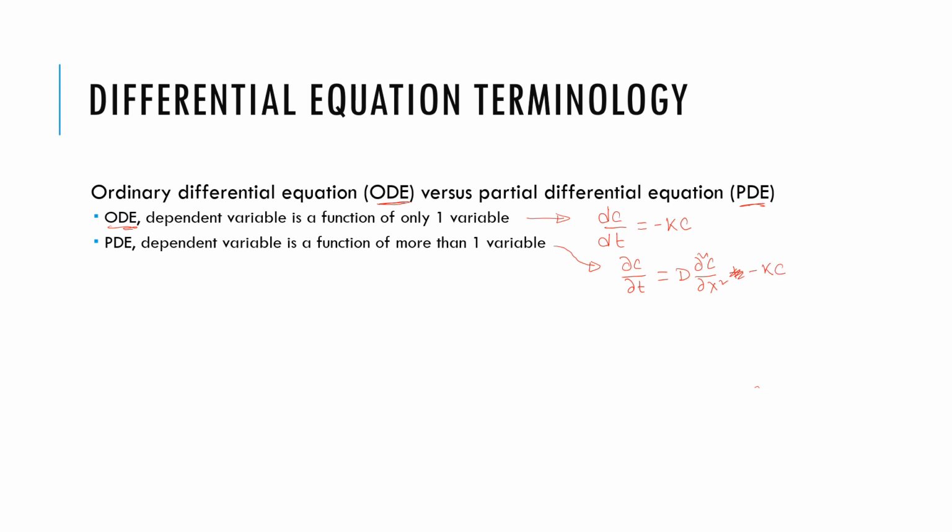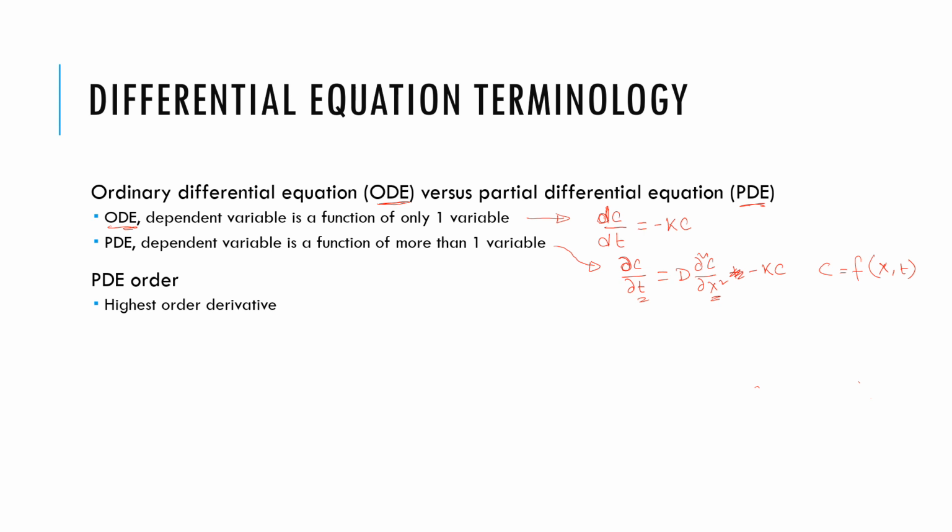In this case C is a function of x and t, so two variables. That's why we write del instead of d, if you recall, and it's a function of two variables, x and t.